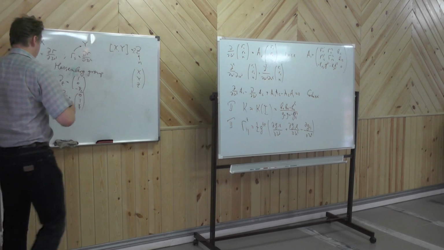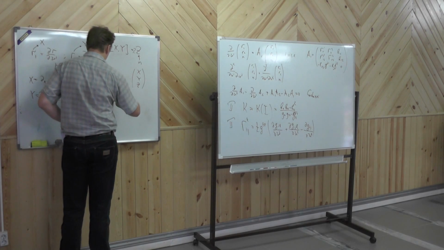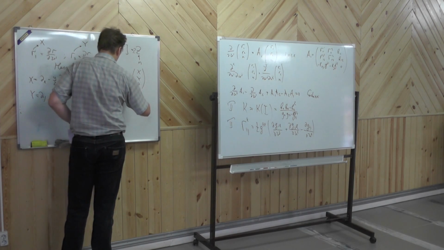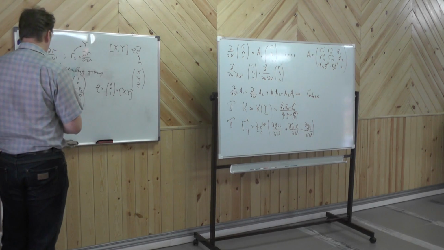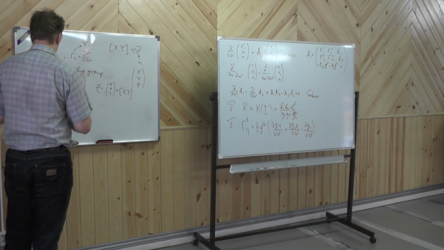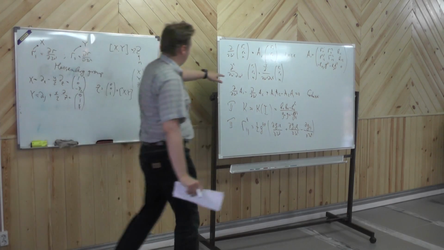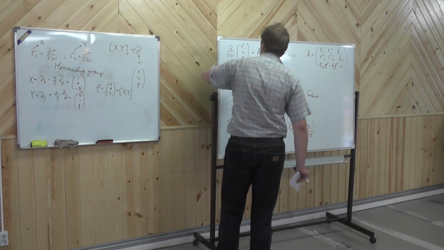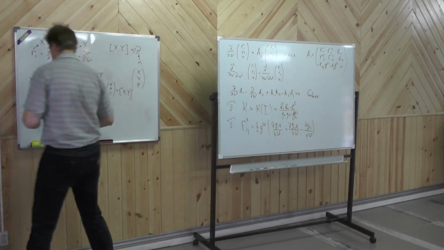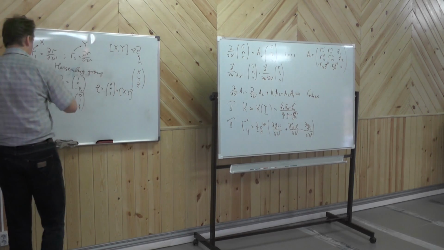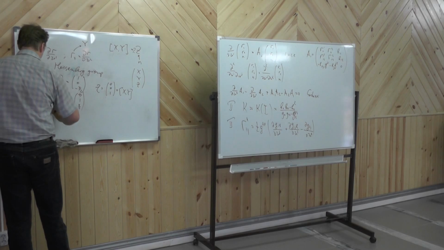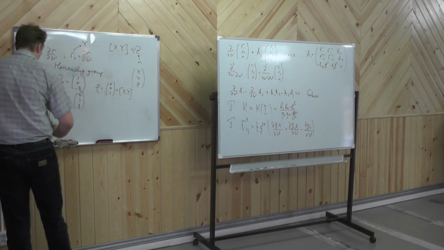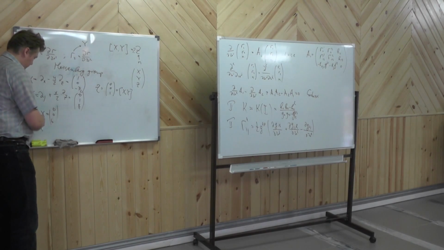Then z is just 0, 0, 1, and this is the bracket. Next, you should find the second derivative of it. Then, well, it is easy to see that this is 0.